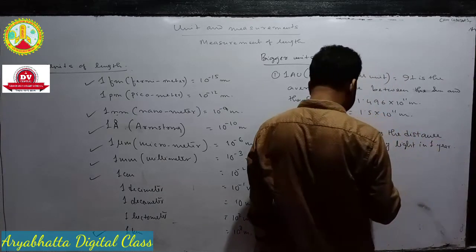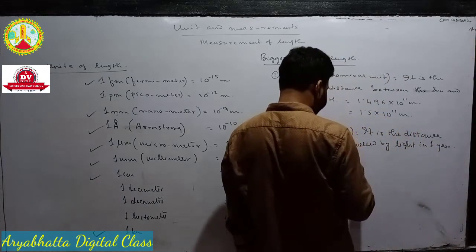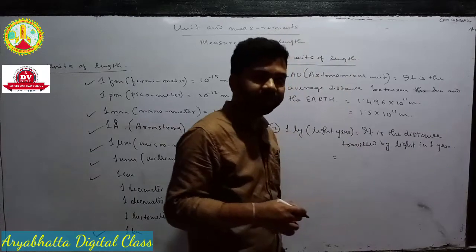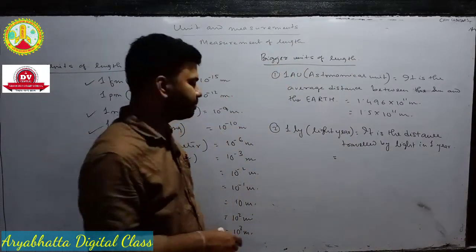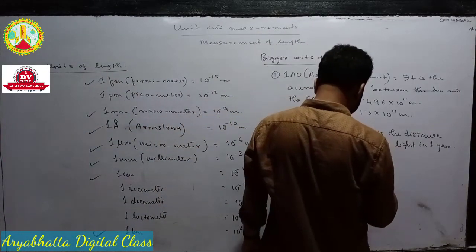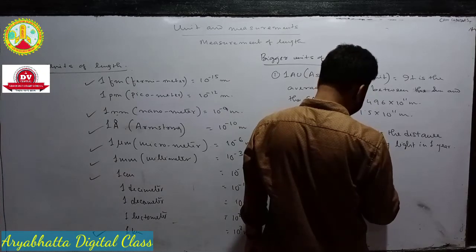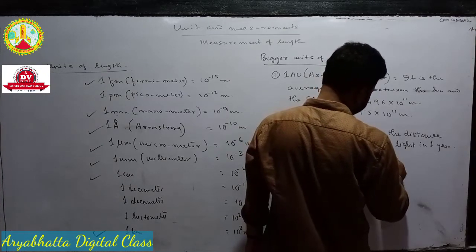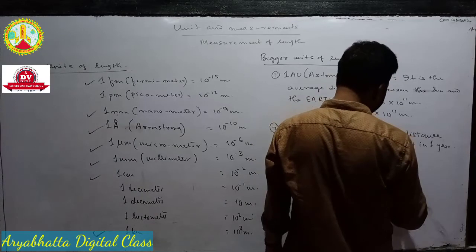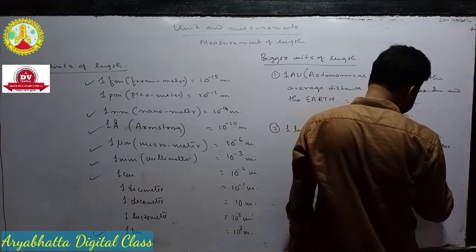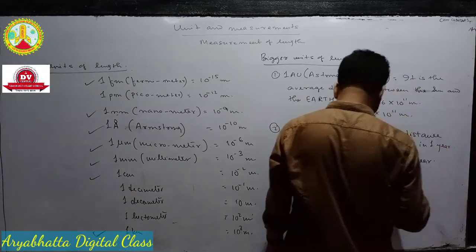The formula for distance is speed into time. So it will be speed of light into 1 year.